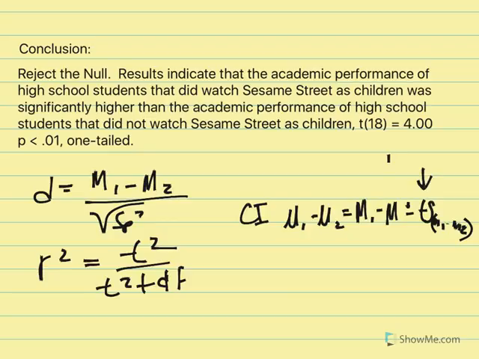Again, this t-value is not the t-statistic. Again, it's based on the percentage of confidence that we're going to calculate and the degrees of freedom. So keep that in mind.